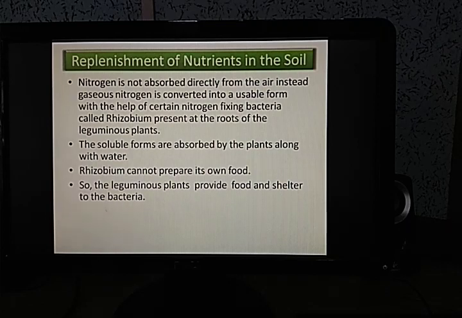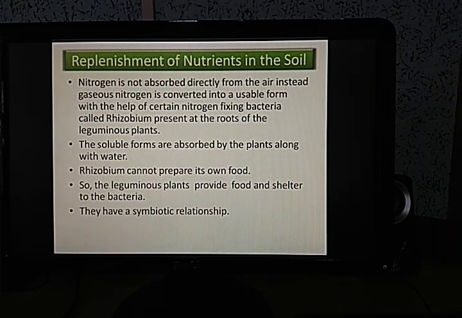You can see the rhizobium helps in fixing the gaseous nitrogen, which is a very important nutrient for the plant. In the meantime, the leguminous plants also provide food and shelter to rhizobium because rhizobium cannot prepare its own food. So we can say they have a symbiotic relationship. I hope this much is clear to you all.